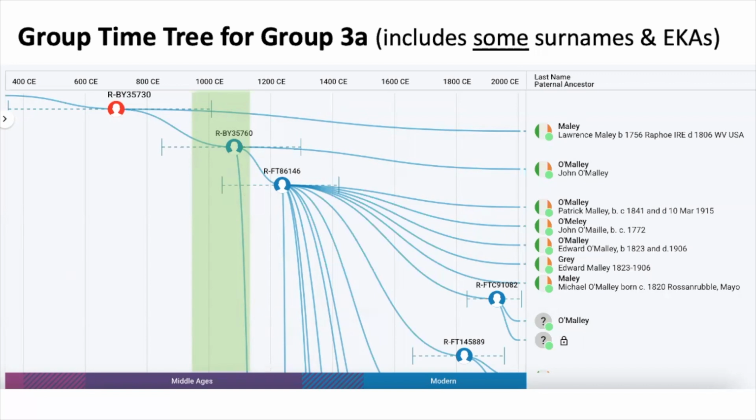In this first case, it's Lawrence Maley, born in 1756. And that's the kind of information you get. This green bar here is the time period in which surnames were introduced to Ireland, from 950 to 1150.